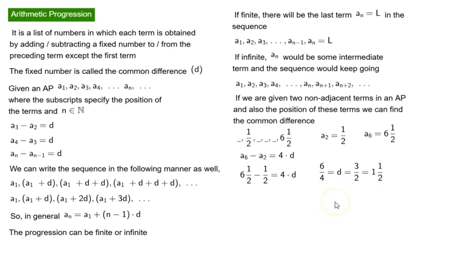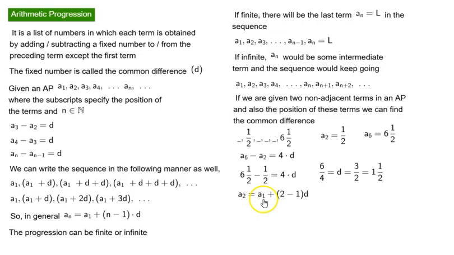But suppose we are also asked to find the 100th term. Now in that case, we use this formula, but for that we require A sub 1. That is the first term we need. So let's figure out the first term. So A2 we already know.